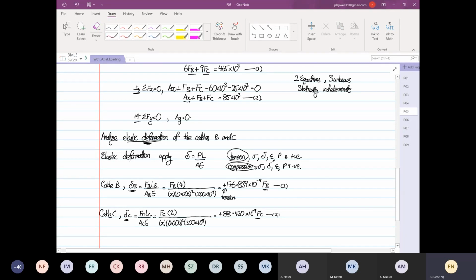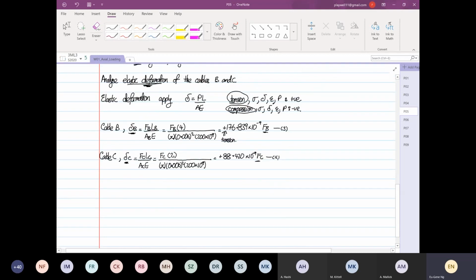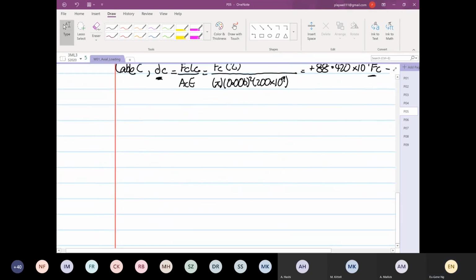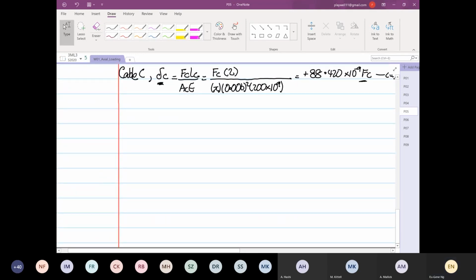FB and FC. So the next thing that we're going to do is relate the deflection of point B to the deflection of point C based on geometry.